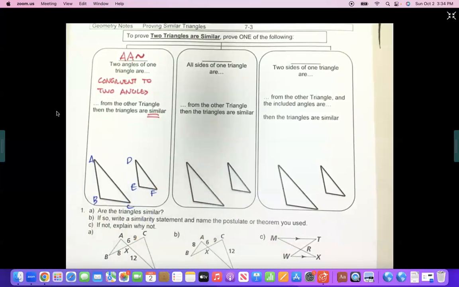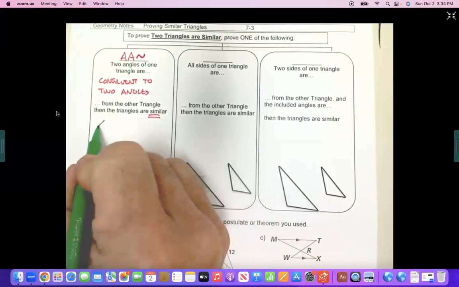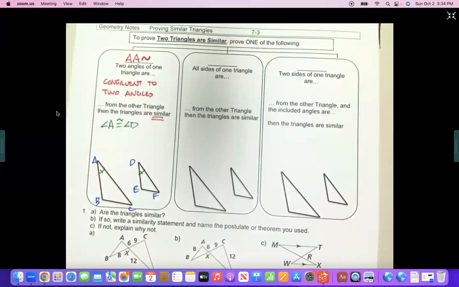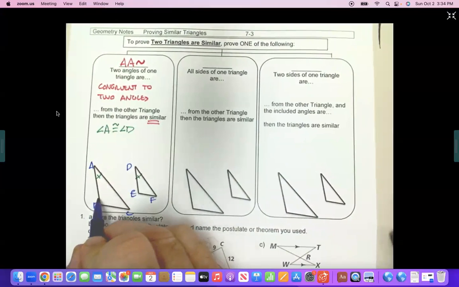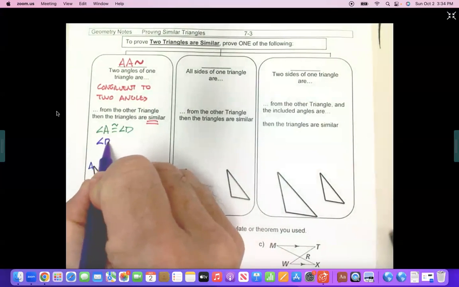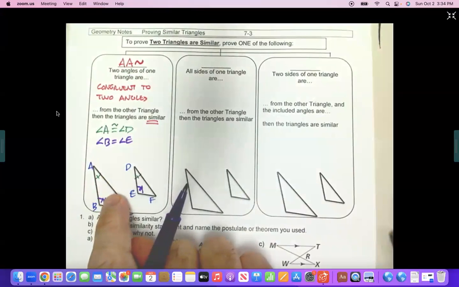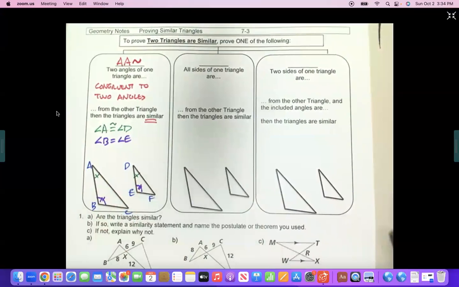By the angle-angle similarity postulate, what we would do is look at these two and say angle A is congruent to angle D. And if we also show that angle B is congruent to angle E, we have two angles from the larger triangle that are congruent to two angles from the smaller triangle.